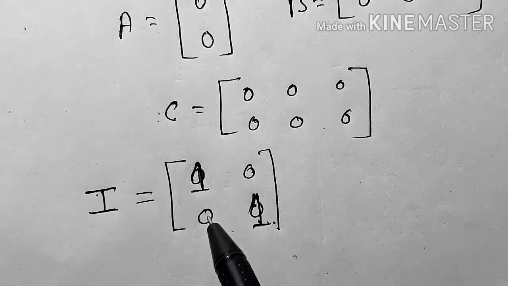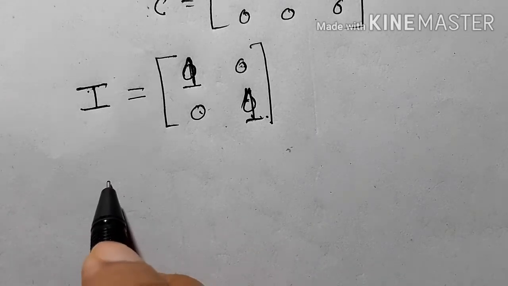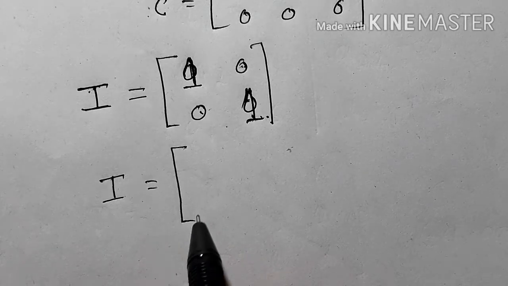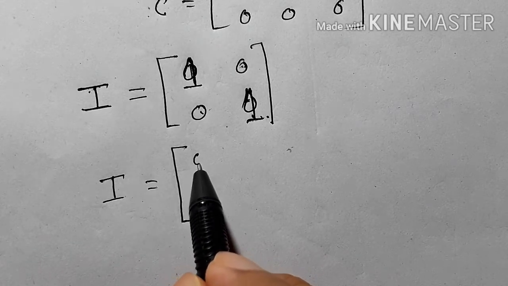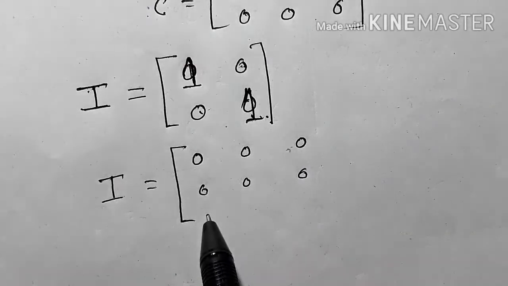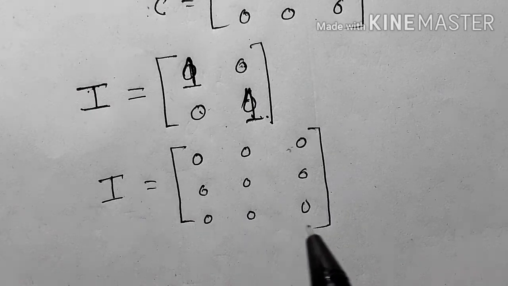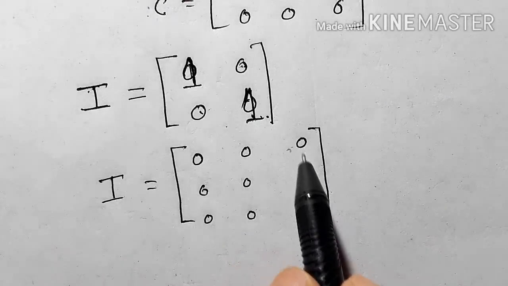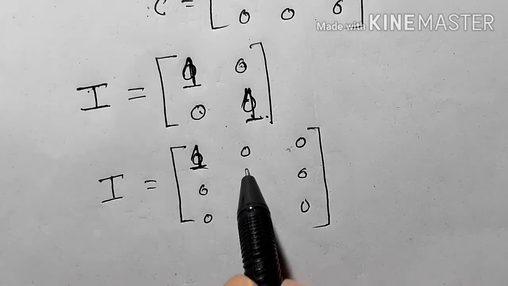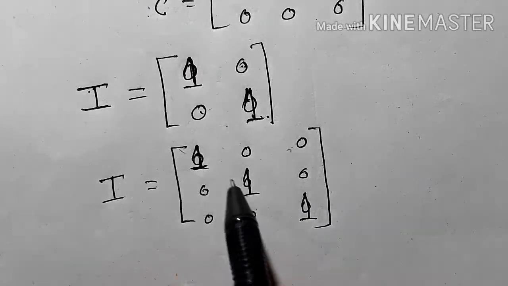Here the other elements are 0. I am giving another example of an identity matrix. First property: it must be a square matrix, that is, the number of rows and columns are the same. Condition 1. Next, all the elements are 0 except the principal diagonal.